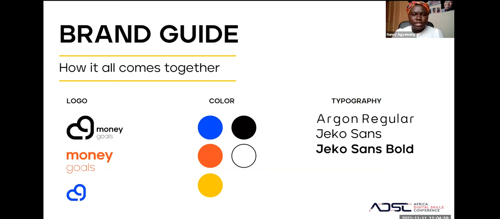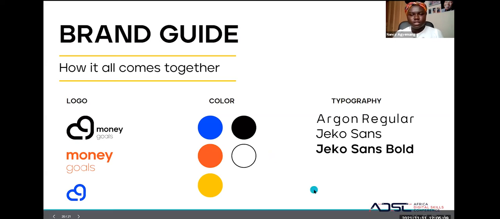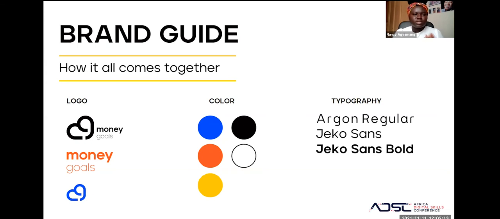But for this case, we are trying to design something simple. So we came up with just a brand sheet for you to see the visual aspects, which is our aim for this session, designing the identity aspect. Mind you, when you are designing the brand guide, it's basically like a book.